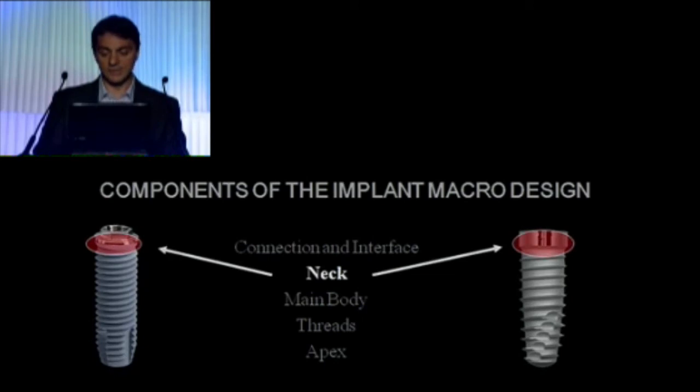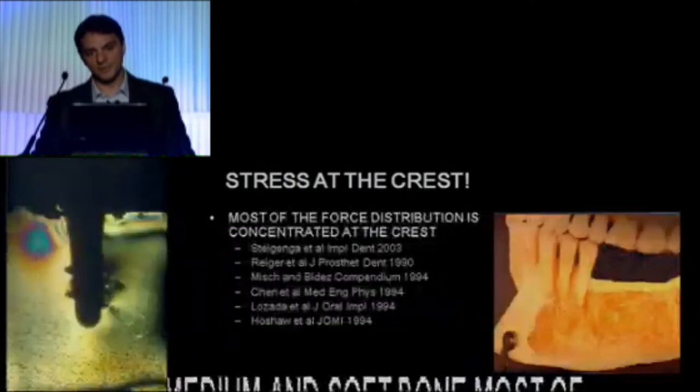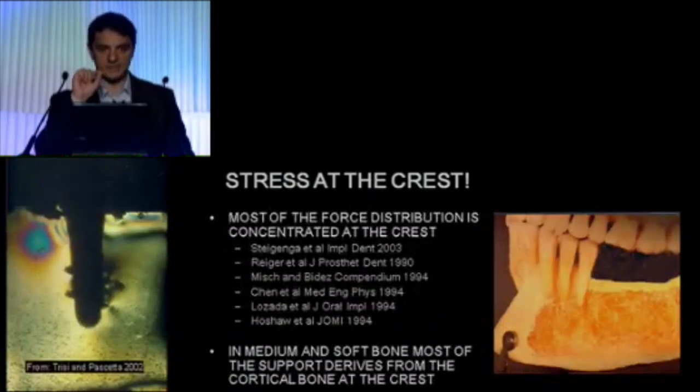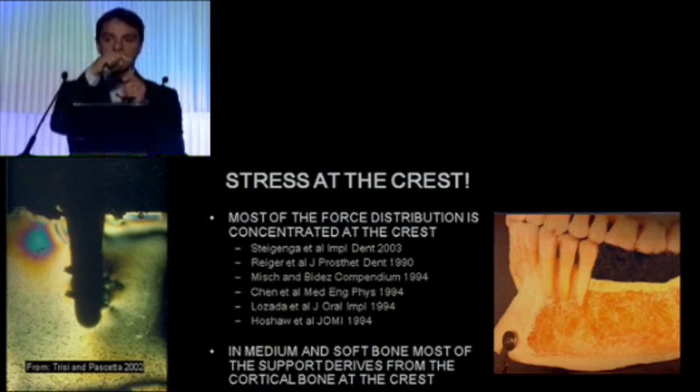Now, let's look at the neck shortly, why the neck is important. It's very important because the peak stress around an implant in the bone is right at the neck. When you load an implant, whether vertically or laterally, doesn't matter, each time you load, you have a peak stress at the neck.